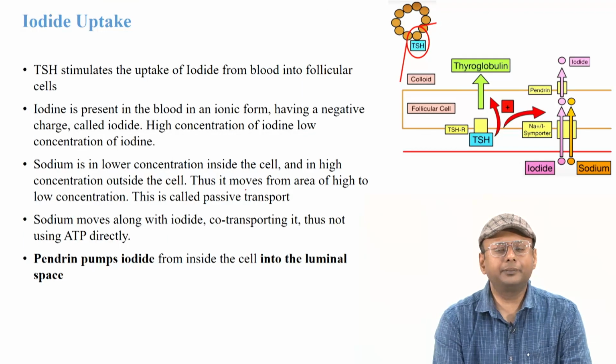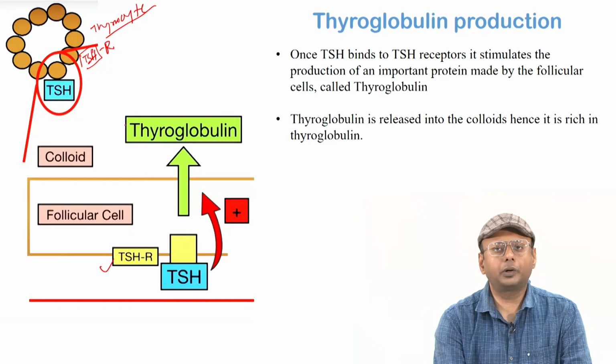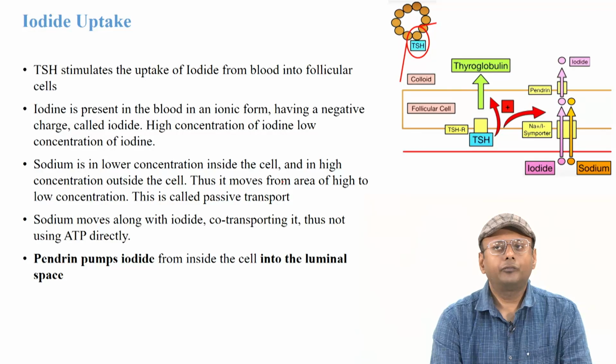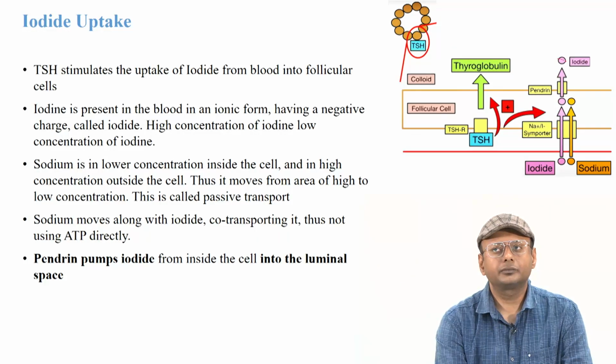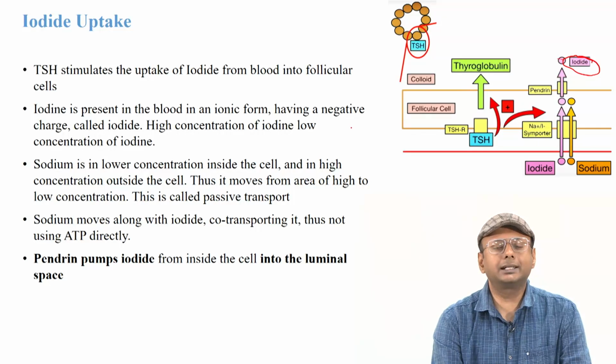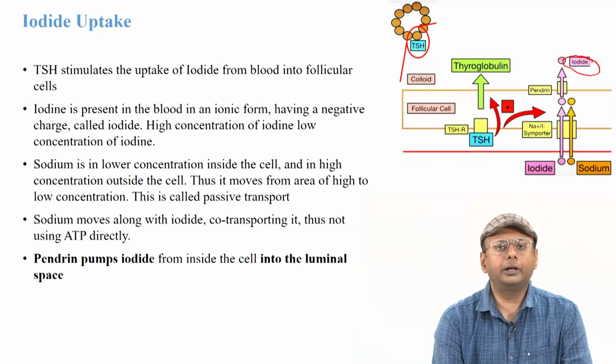So in the next step, thyroglobulin is one of the most important components for thyroid hormone synthesis. Another important component for the thyroid hormone synthesis is iodide. Together, once the thyroglobulin and the iodide get combined, it produces the thyroid hormone.